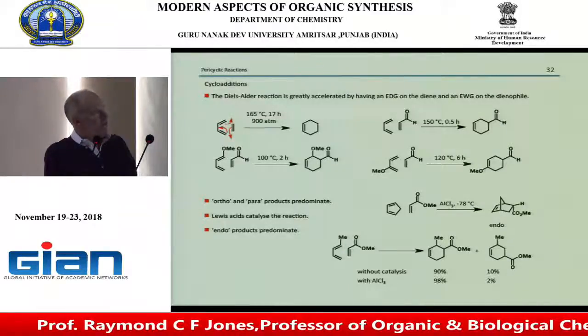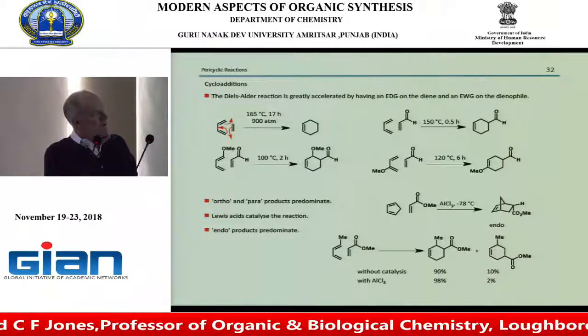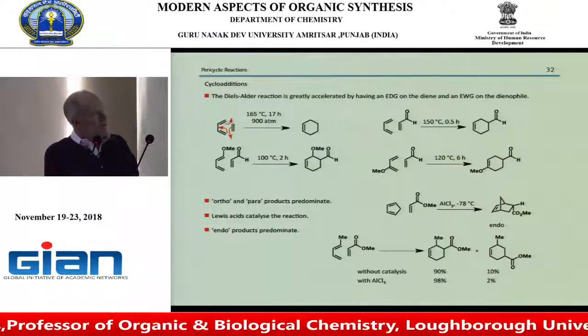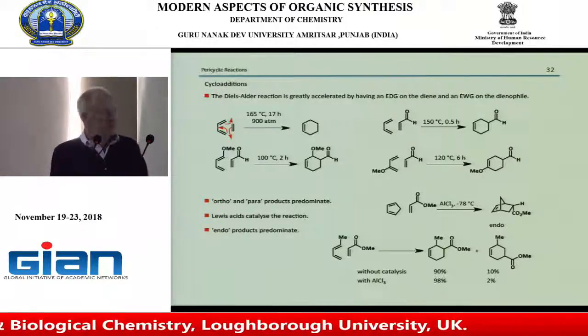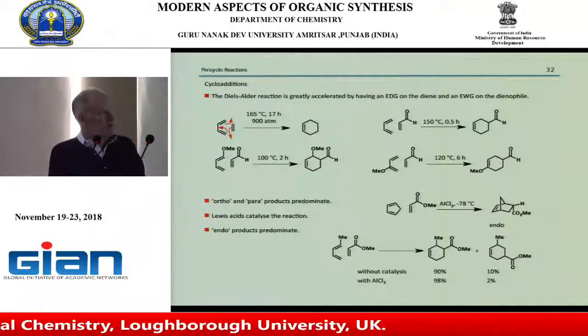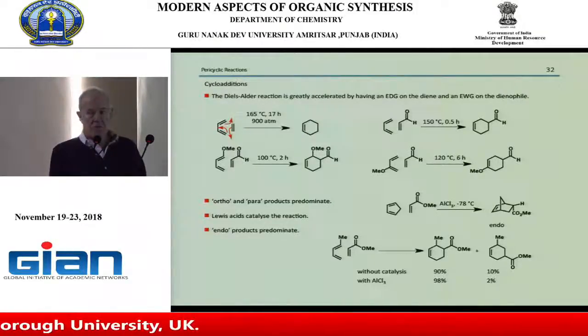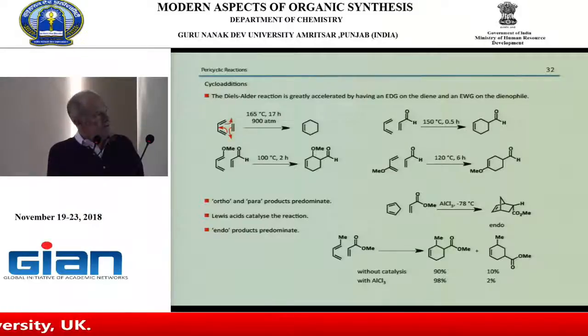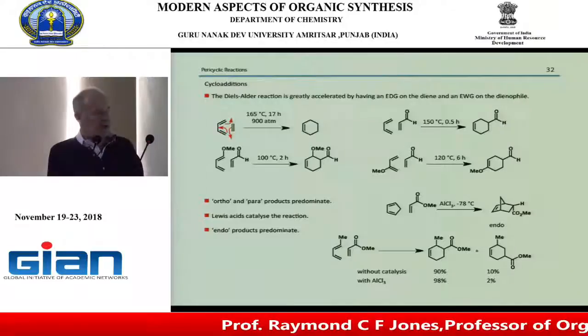And notice in these that the regiochemistry here is such that these two substituents end up, if that was a benzene ring, you'd call them ortho to each other. So I've put ortho in inverted commas here to indicate that these are next door, or 1,2 to each other. If the substituent on the diene is at an internal position, then you get an arrangement that is effectively like para in a benzene ring.